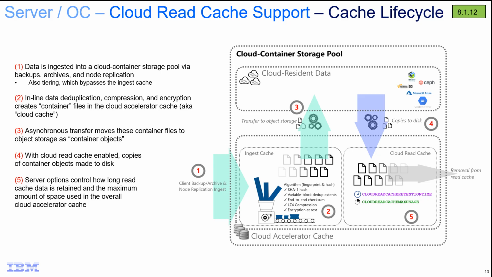It's written out to directories on your Spectrum Protect server, and then based upon time or needed space, that data will be deleted out of the cloud read cache so that space can be used for either additional restores or for your backups and replications that might occur.